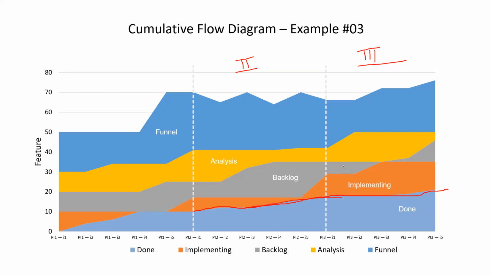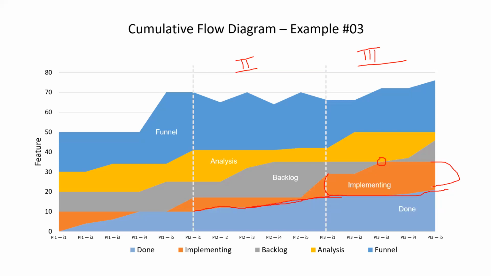But the way backlog items moved into implementing, at this point nothing is there in the backlog. Everything is cleared out. And again the backlog started increasing. But what happened to the implementing stage? This much to this much, it increased like anything, which means almost everything moved into implementing. The team is working on too many things at a time, because of which nothing is moving into done.